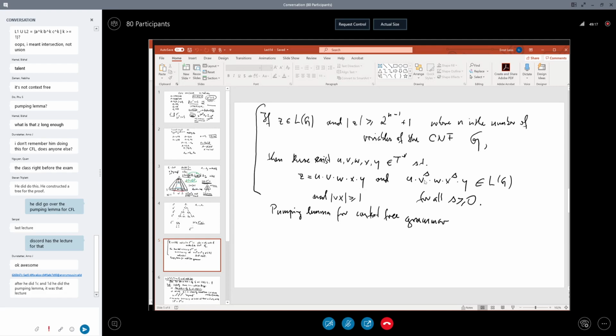And if we repeat the second and the fourth in tandem S times, then we get again a word in that language, for all S. And we know that V and X cannot both be epsilon. That is the pumping lemma for context-free languages. These are the slides that I produced last time.